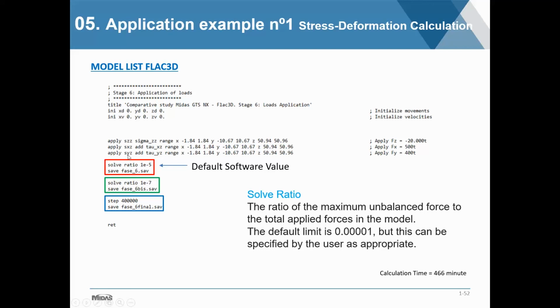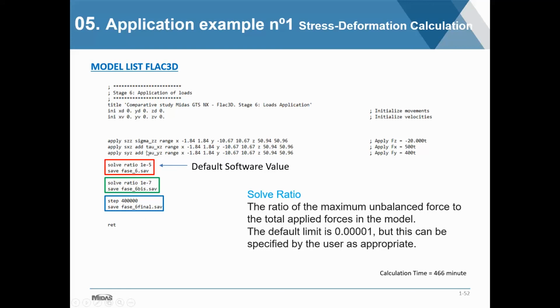And then to point out, these last 3 boxes here in different colors are what we call the solver ratio. And this is what the program FLAC uses to determine it has reached the solution. It's a ratio of the maximum unbalanced forces to the total applied forces in the model. The default, as shown here, is 1 to the -5.